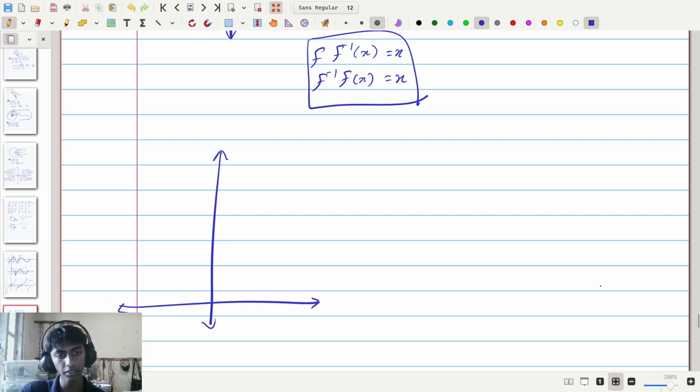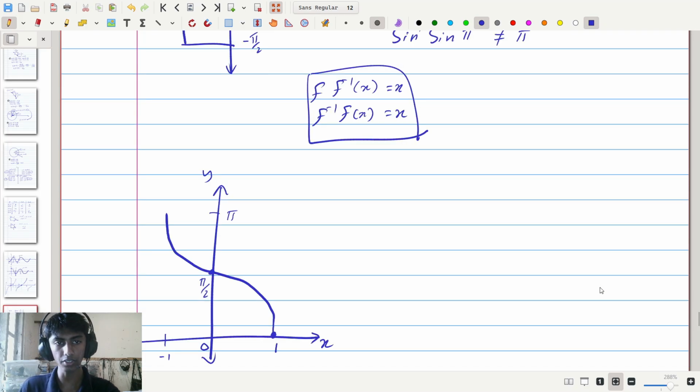Cos inverse x would look something like this. At this point, x equals 1 would give us 0. x equals 0 would give us pi/2. And x equals -1 would give us pi. This is the graph of cos inverse x.